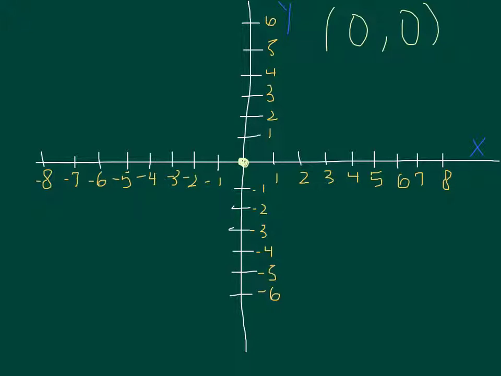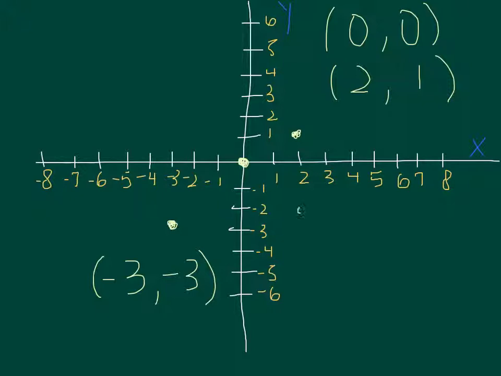Therefore, this point right here would be written as (2, 1), because it is 2 to the right, the positive direction, and 1 up, the positive direction also. If you had, say, a coordinate right here, it would be written as (-3, -3), because it is 3 to the left, the negative direction, and 3 down, also the negative direction.